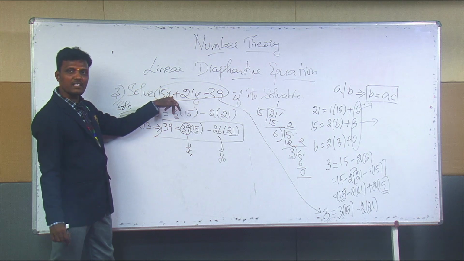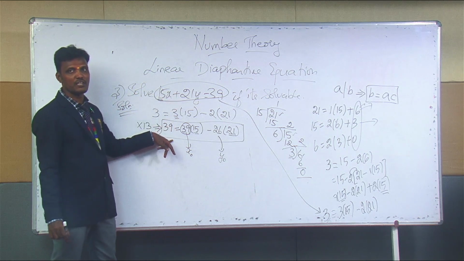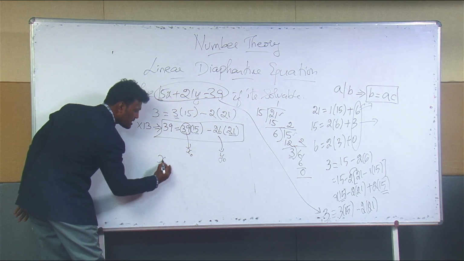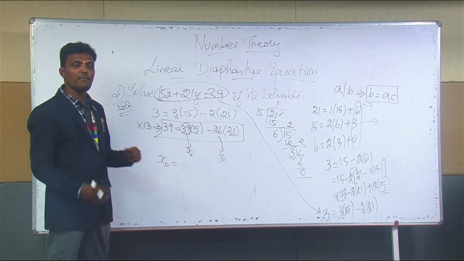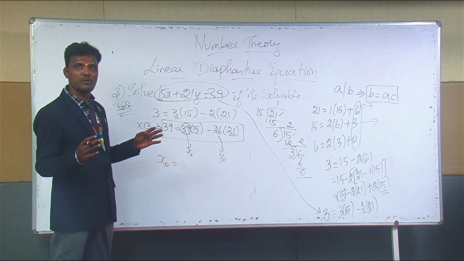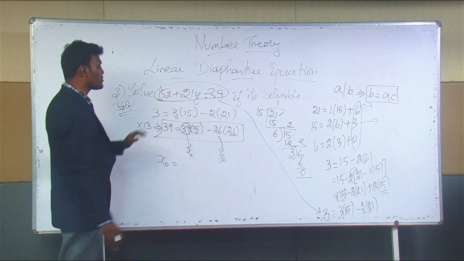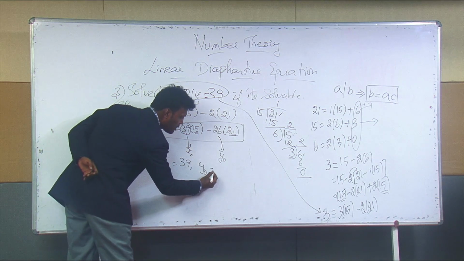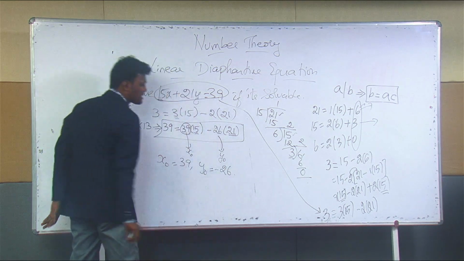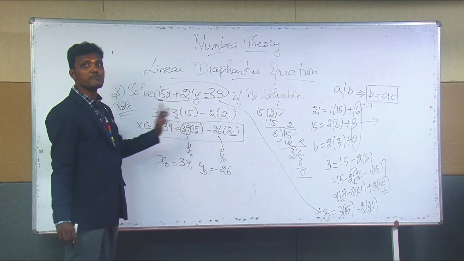So just compare the given question with the linear combination. Just compare and say what is x naught. This is a trial solution. Trial solution means there are many x naught and y naught possibilities, but the general assumption is x naught is 39, y naught is minus 26. So this is the trial solution of this problem.